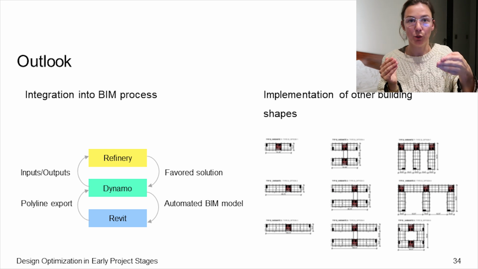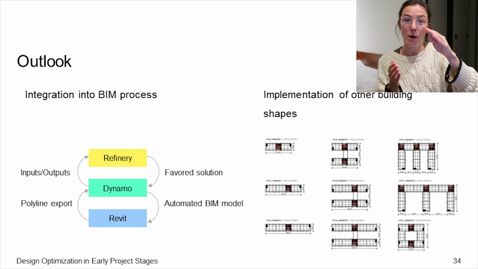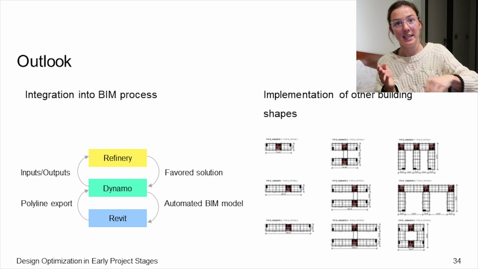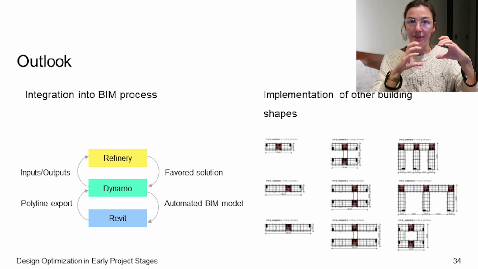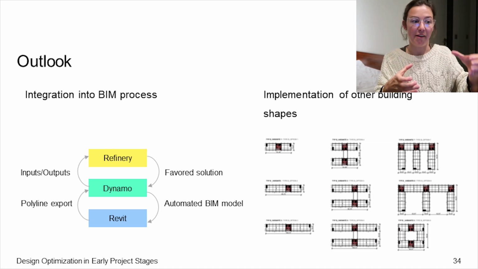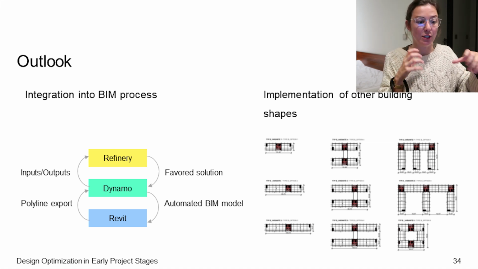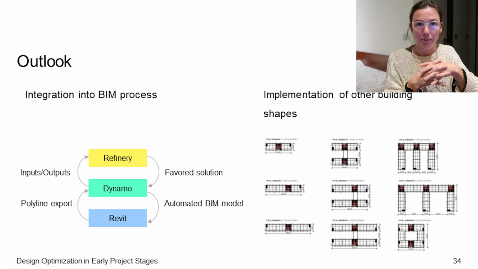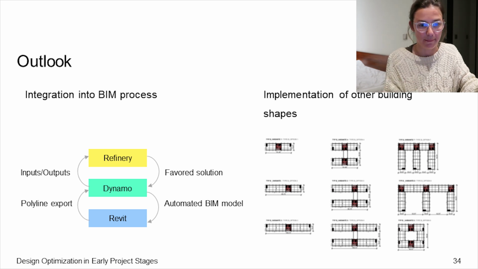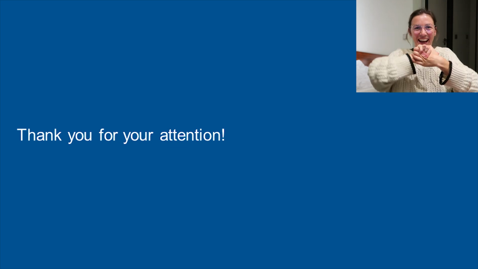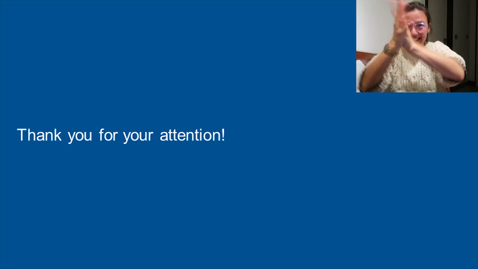So for example, to export from Revit the site outline into Dynamo, then run the optimization in Refinery, pick a favorite solution and export it from Dynamo directly with adaptive families into Revit and have the final solution as a BIM model automatically generated in Revit. Yes, so that would be how to turn it into an actual software product, for example. And then thank you for your attention, and that was it.